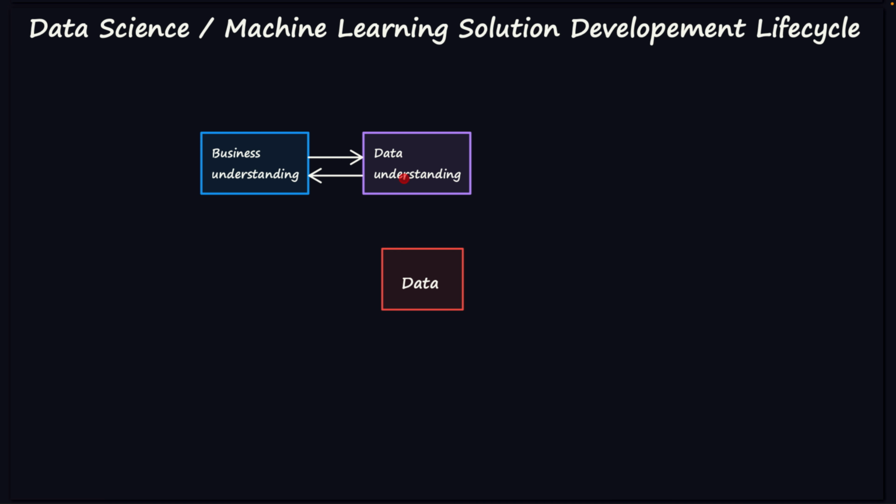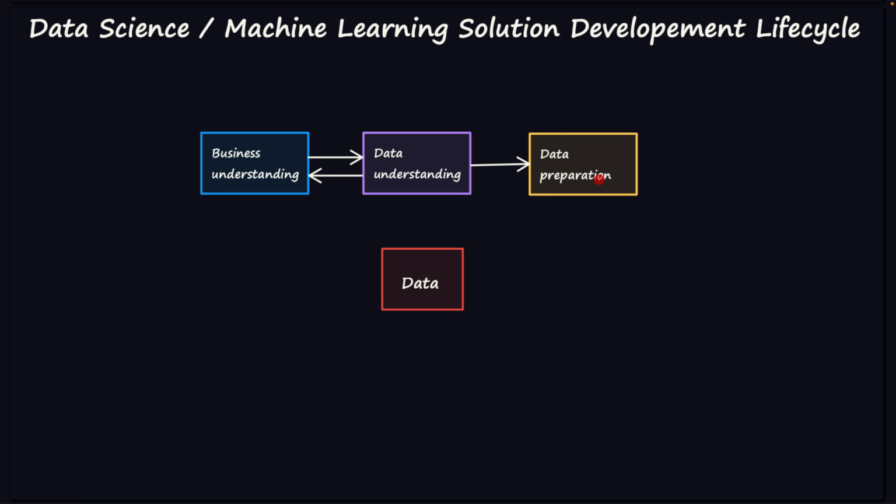If we have the business problem, but we don't have data and we don't have any means to capture the data, then there is no point in proceeding forward, right? Without data, we can't do anything. After some back and forth, we have understood the business problem, we have defined the problem we are going to solve, and we also believe that we have sufficient data to solve that problem.